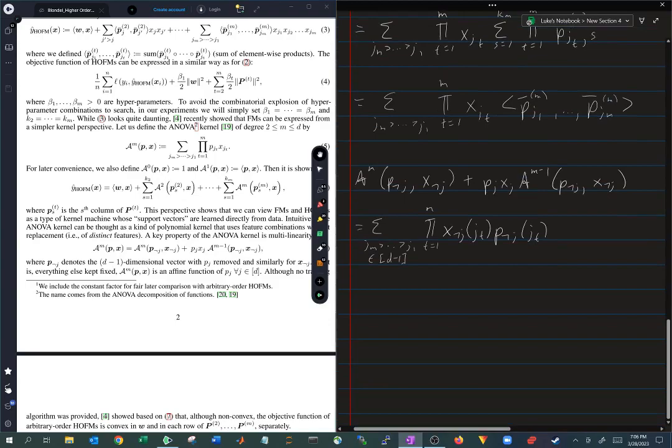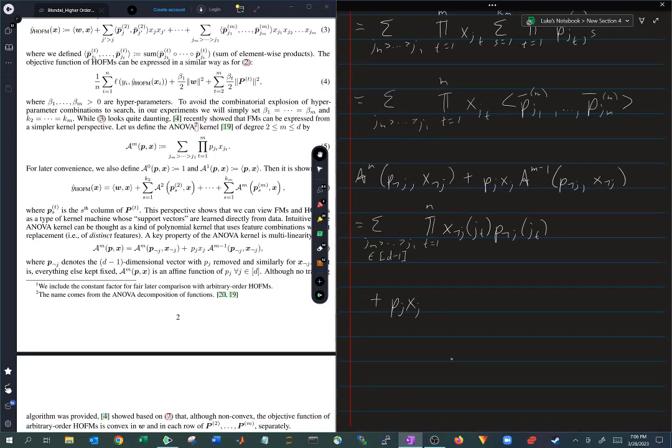Then we're going to add to this p_j x_j times, and now we do the A_(m minus 1) thing. So now we have the sum from j_(m minus 1) all the way up to j1, also in integers between 1 and d minus 1. Because remember, for A_m we take the sum with m j's in this sum.